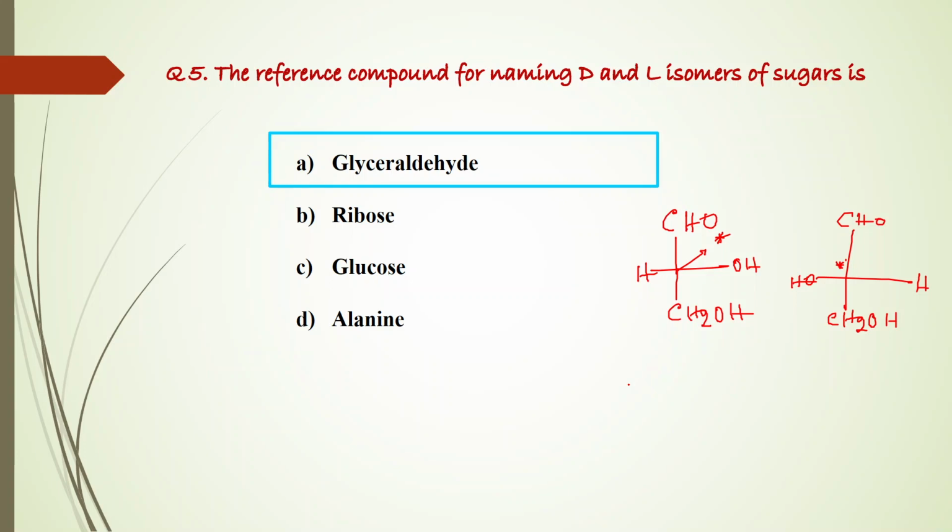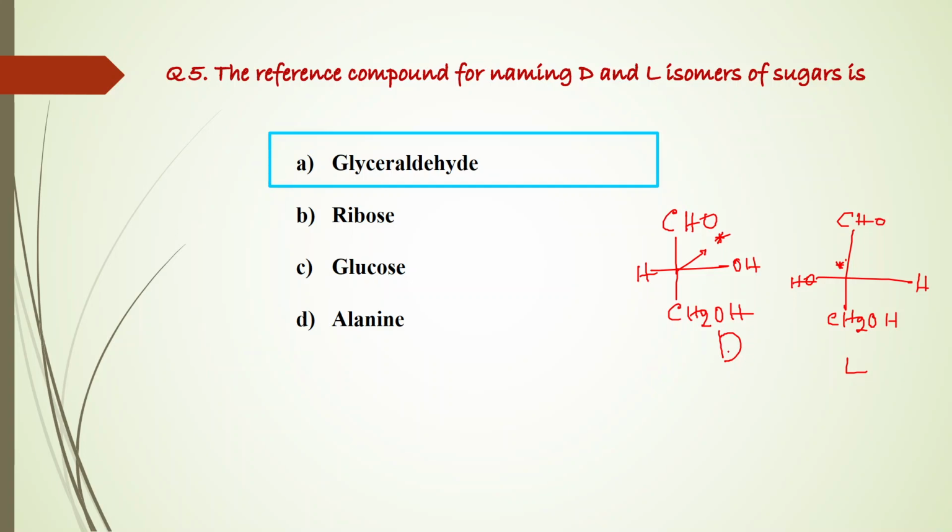In this case, because of these 4 different functionalities, H, CHO, OH and CH2OH, we will call it a chiral carbon. So we have found our chiral carbon, and if the hydroxyl group is on the left hand side, then we will call it L, and if the hydroxyl group is on the right hand side, we will call it a D isomer.